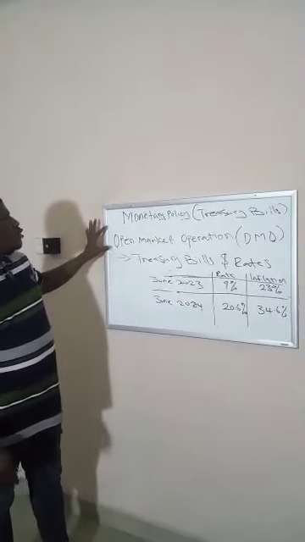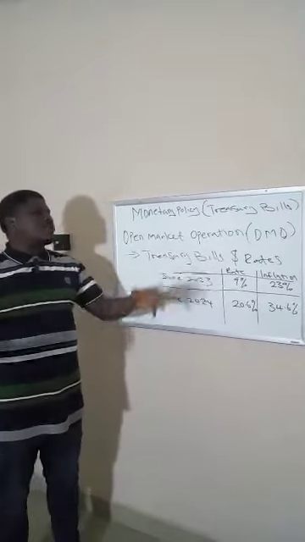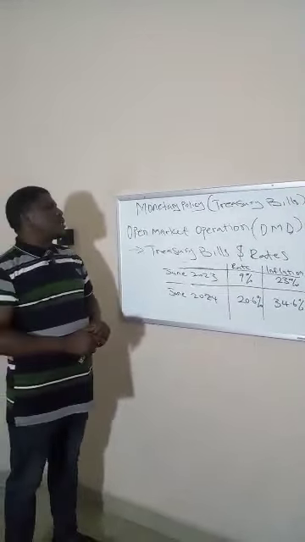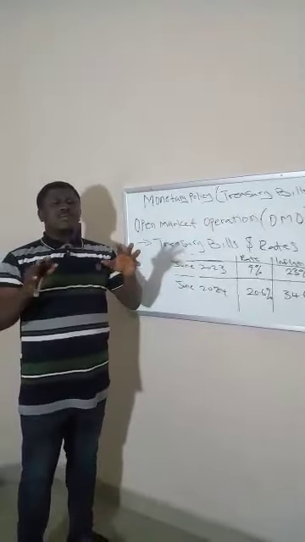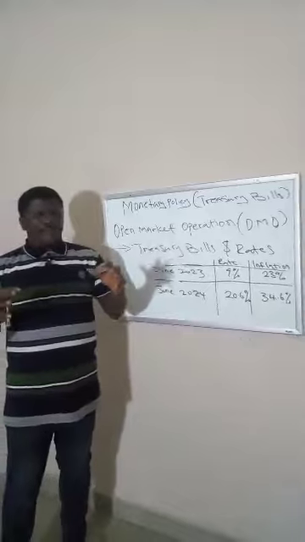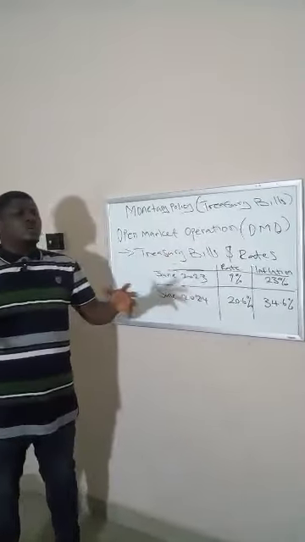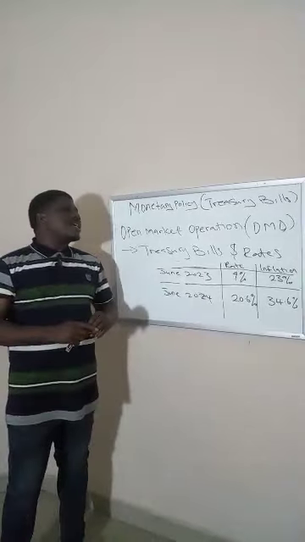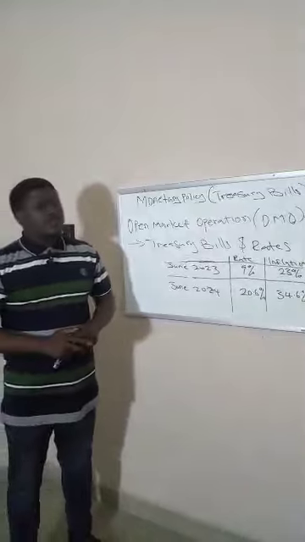So today I want to quickly talk about open market operation, that is the treasury bills aspect of it, so that you understand the importance of it. Anytime the government wants to curb inflation, to reduce the amount of money in circulation, through the CBN, what the CBN does is to sell treasury bills.